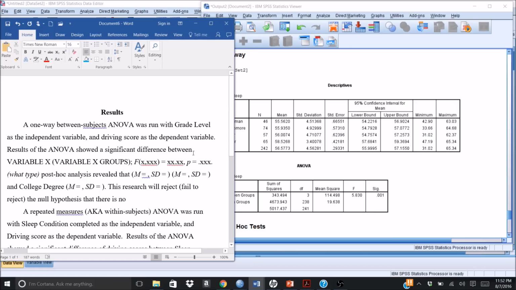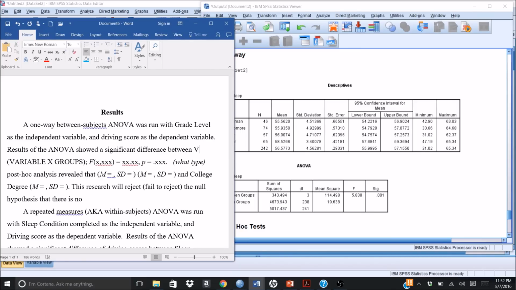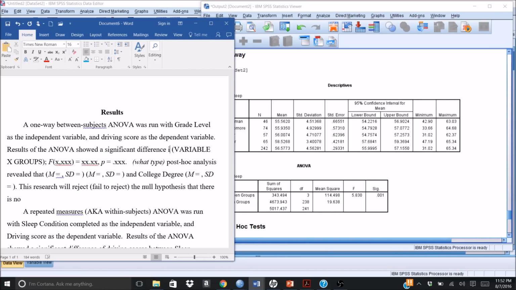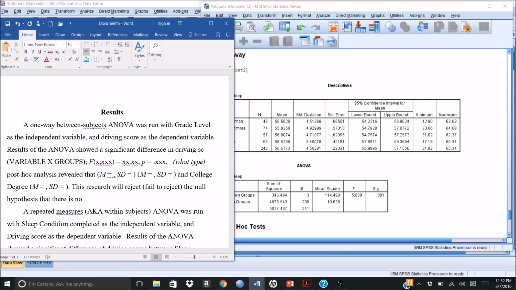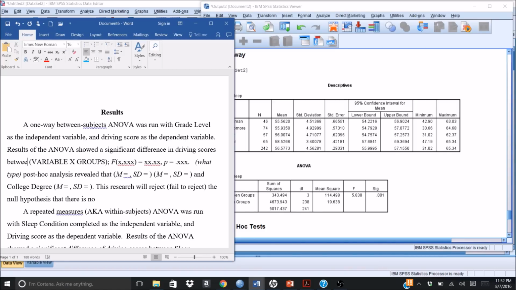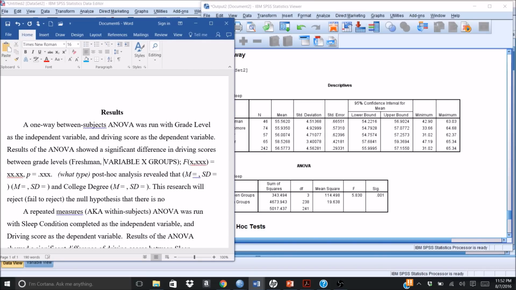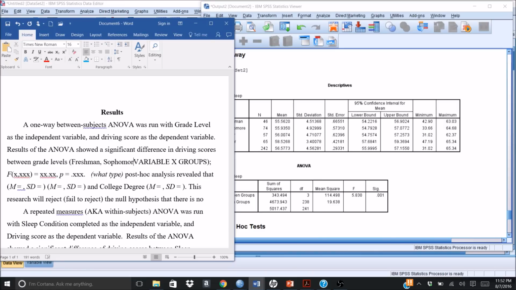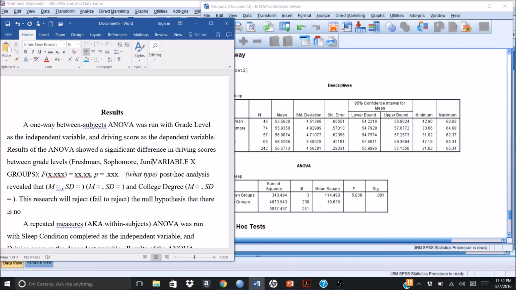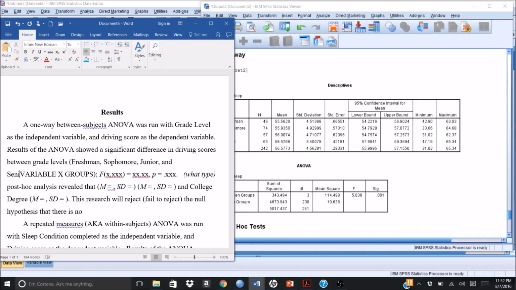A significant difference in driving scores between grade levels: freshman, sophomore, junior, and senior.